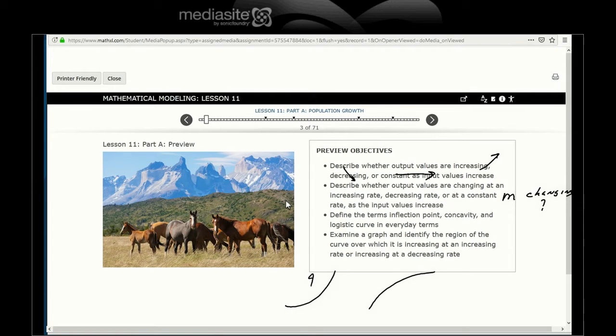We're increasing, but the slope of the line is also increasing. Here we're still increasing, but now the slope is decreasing. So that's what I meant by increasing at a decreasing rate. Okay, next slide.